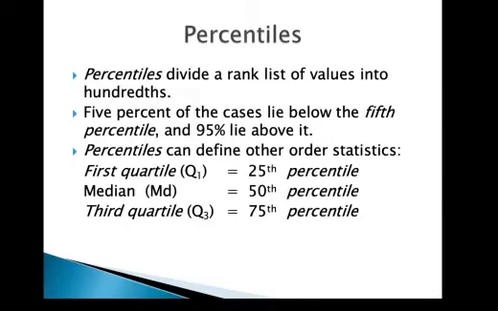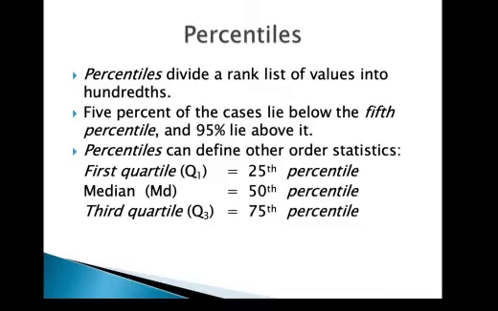Now, the deciles divide a ranked list of values into tens. The first decile will be that value that's higher than 10% of cases and lower than 90% of cases.